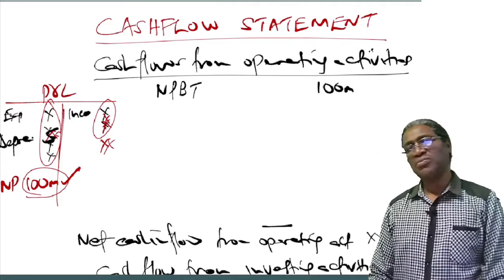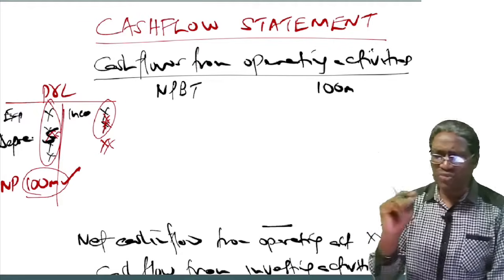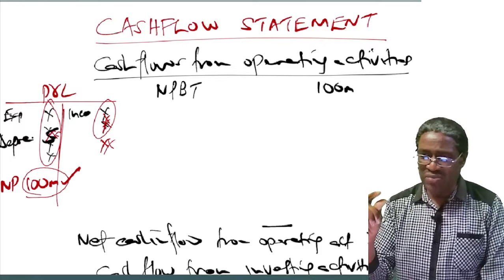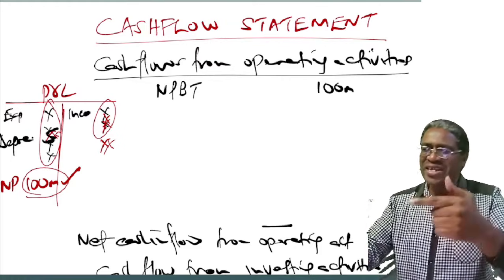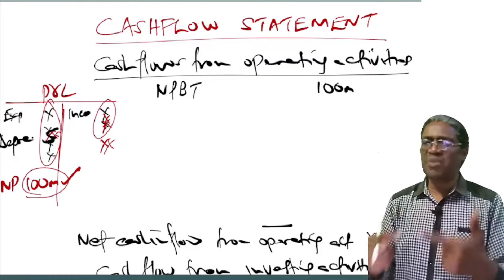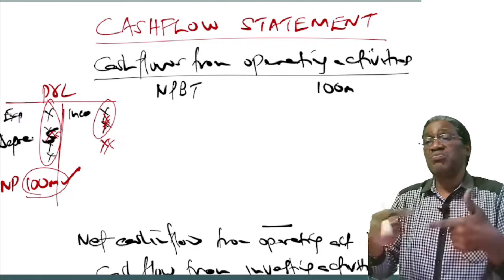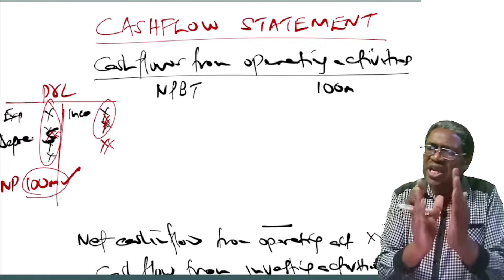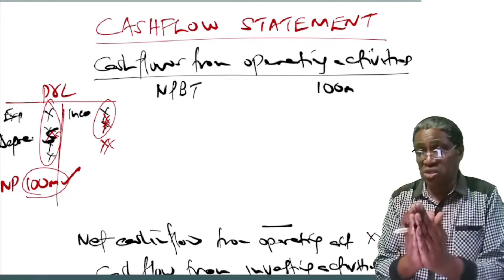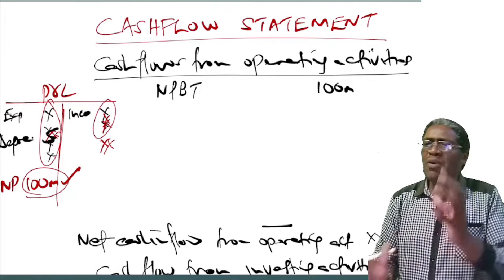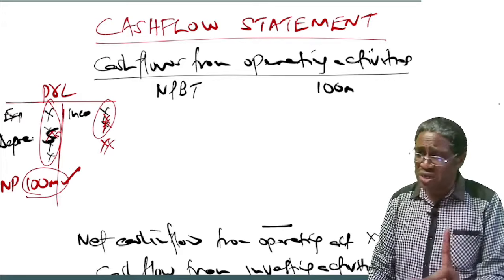Therefore, to determine the cash flow from operating activities, we pick that 100 million profit, then adjust it with those few items that went to the P&L account which are not by cash. So we ask ourselves, this particular item, for example depreciation, if it was not in the P&L account, would our profit have been more than 100 million or less?